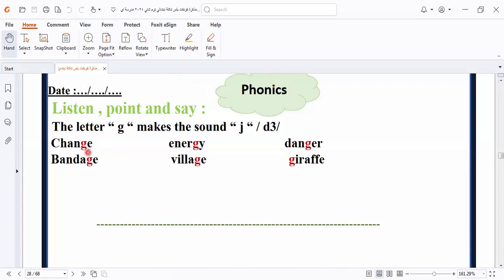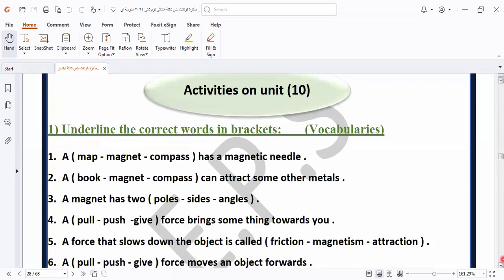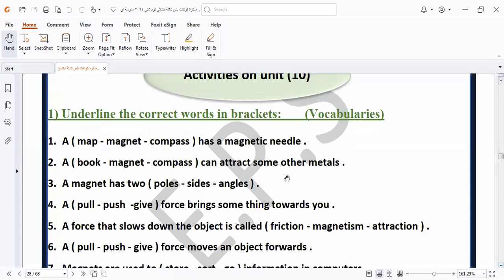Change, energy, danger, bandage, village, giraffe. Let's go to answer the activities below this tab.